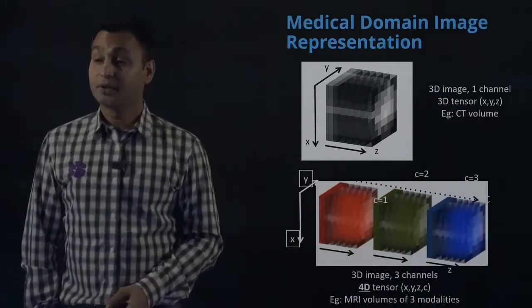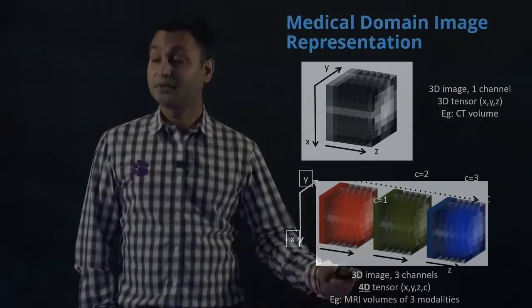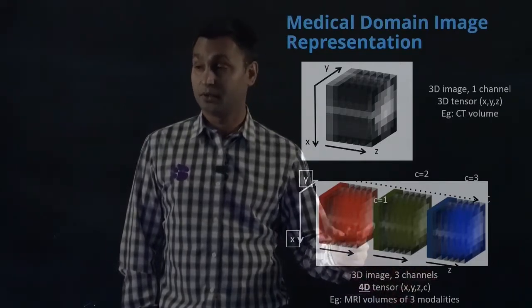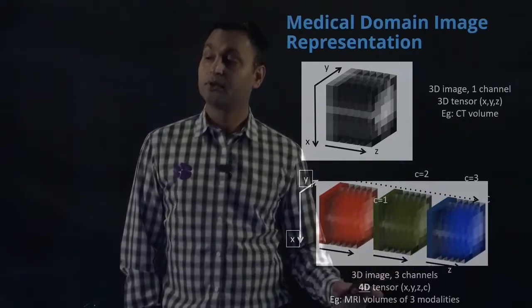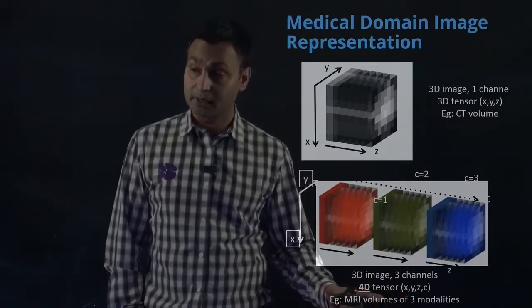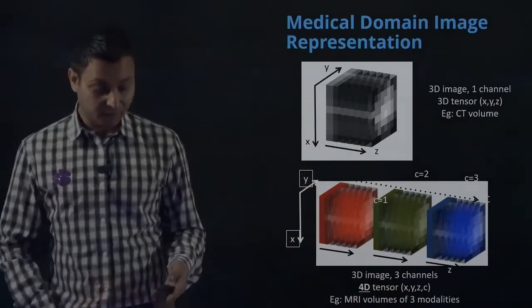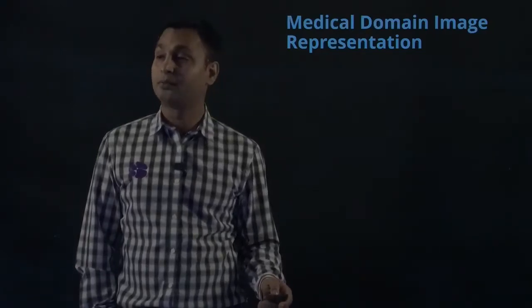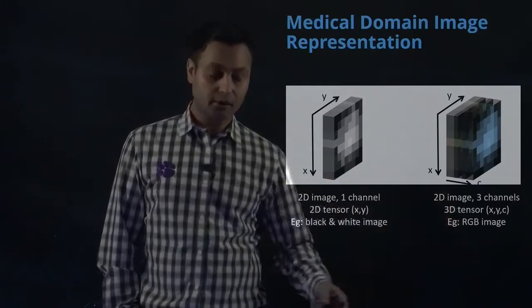Similarly, if you have MRI images, right? There you have essentially a 3D image and you also have 3 different channels, where each channel might have a red, green and blue component. So you will essentially need a 4-dimensional tensor to represent this MRI type of image. Now it doesn't matter whether you have a CT volume tensor, or if you go back to the previous representations, the 2D image or the 3D tensor.